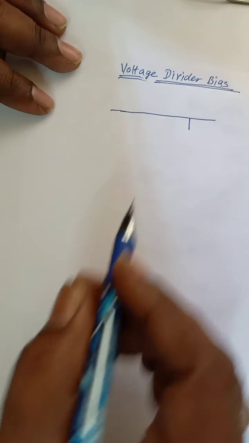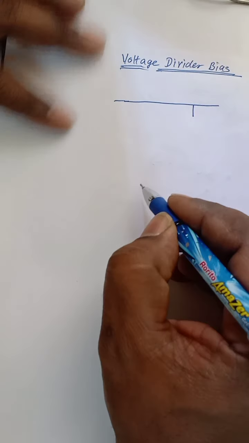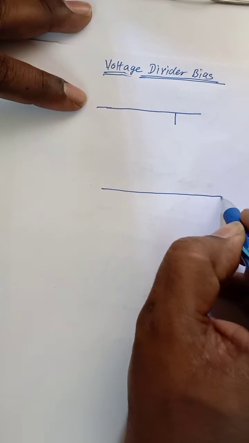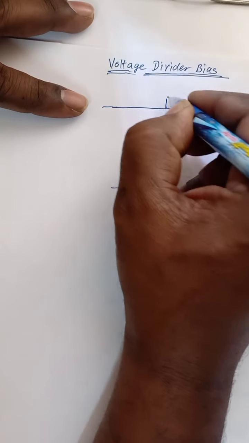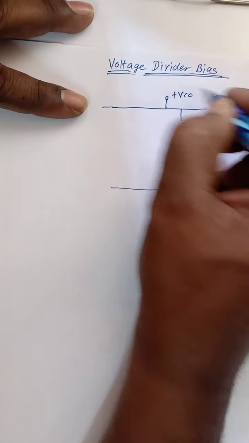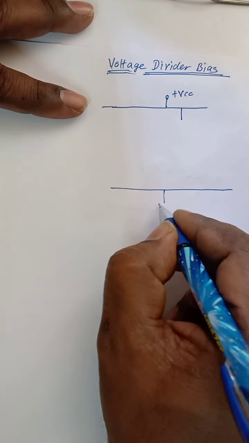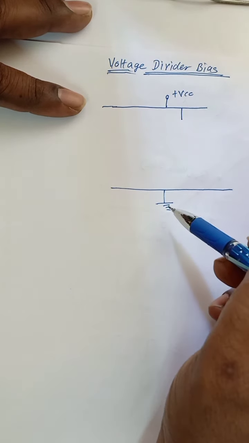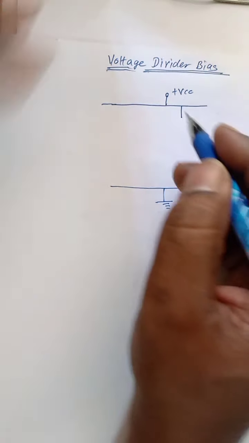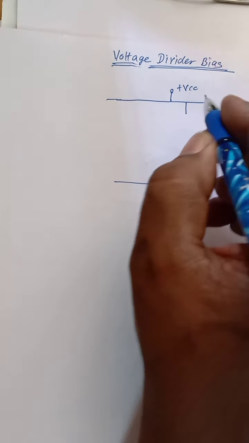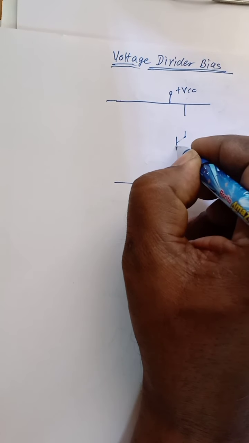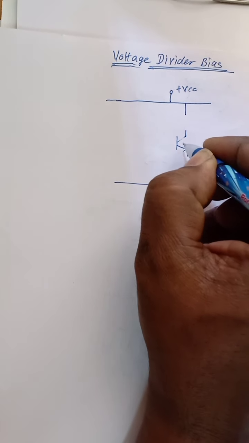Okay, let us see what the voltage divider biasing is. We use DC voltages to bias the transistor. This is the supply we require, from VCC to ground. This is the transistor, and we have to give it biasing.